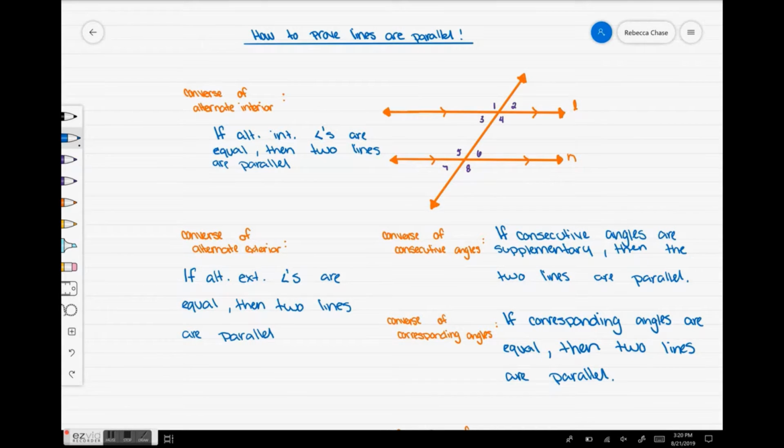Okay, so those four right there, all we did was take the original theorem that we worked with yesterday and at the beginning of this chapter, and we just flipped it. That way, instead of proving that angles are equal or angles are supplementary, we're using that to prove that the two lines are then parallel.